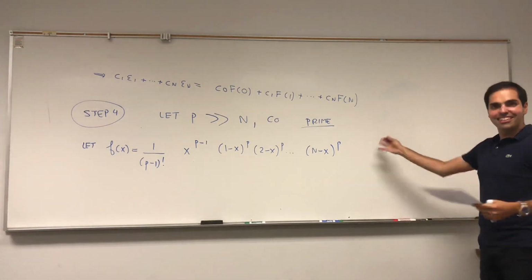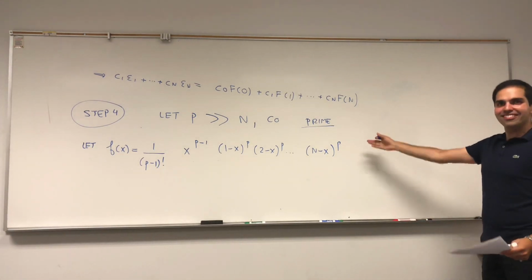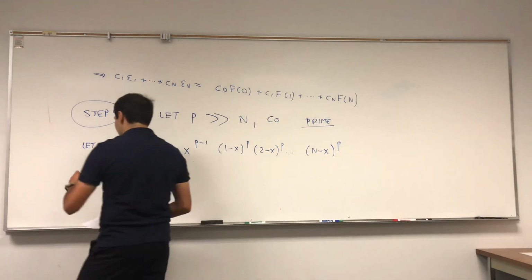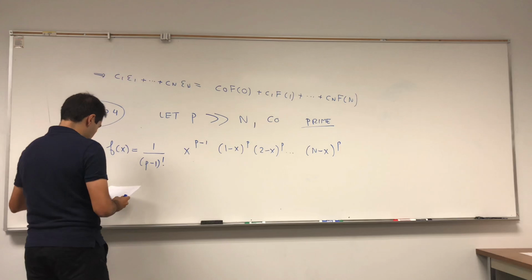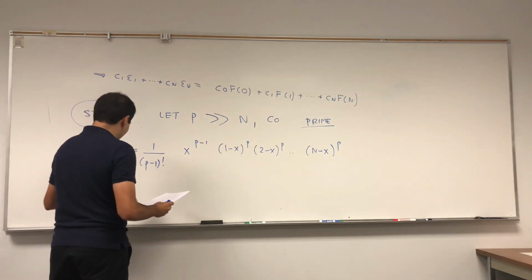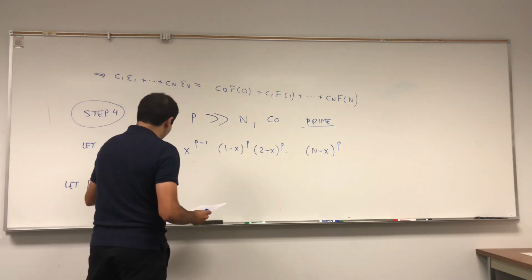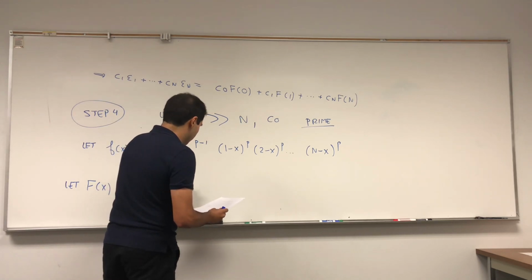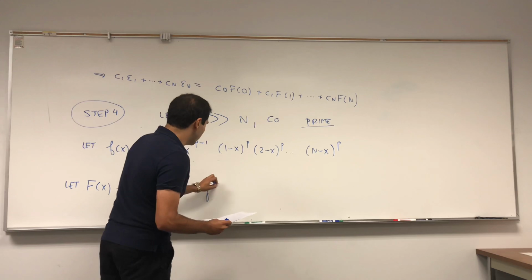Okay, what is going on? Imagine this is true, and as before, let capital F be just this cute sum of derivatives, f of x plus f prime of x plus dot dot dot plus f to the r of x.